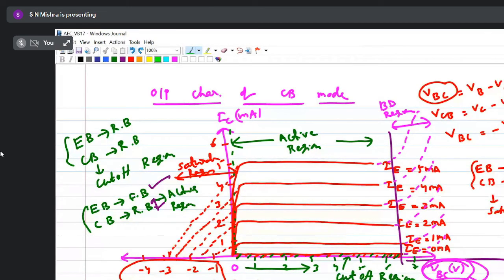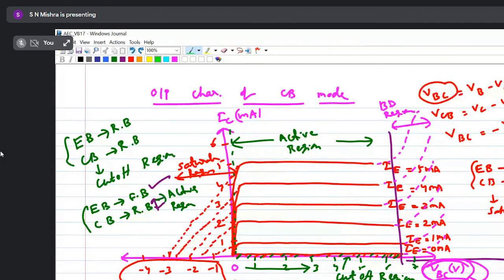So you may get a long question like: draw the input output characteristic of an NPN transistor in common base mode, or a PNP transistor in common base mode. For PNP or NPN transistor, you have to only take the sign convention, how we will connect the voltage so that it will be forward bias, reverse bias, and note what the current direction is, and this VCB and VBC will be a little bit changed.